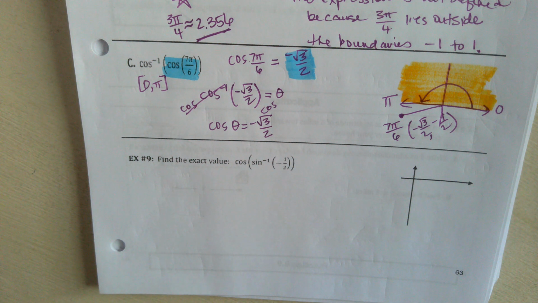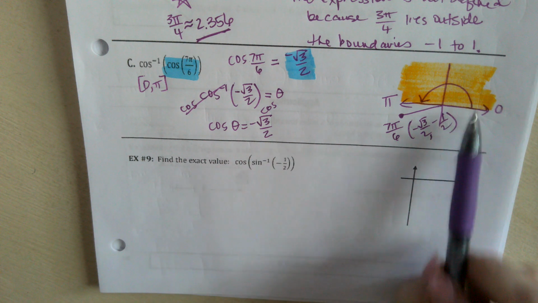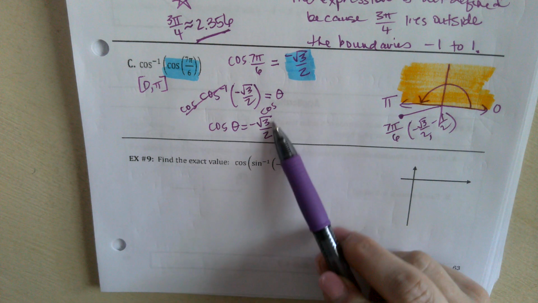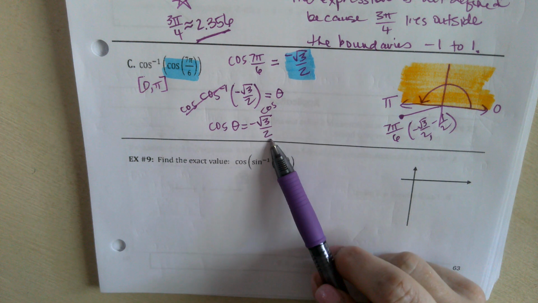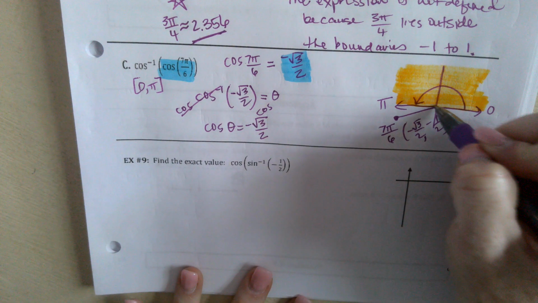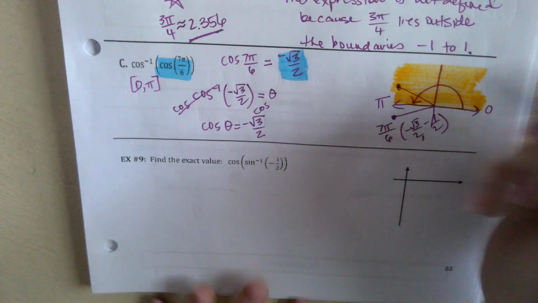Now think about your unit circle. Is there anywhere in this shaded region in my boundary restrictions that I have an x-coordinate of -√3 over 2? 5 pi over 6. 5 pi over 6. Excellent. Okay?